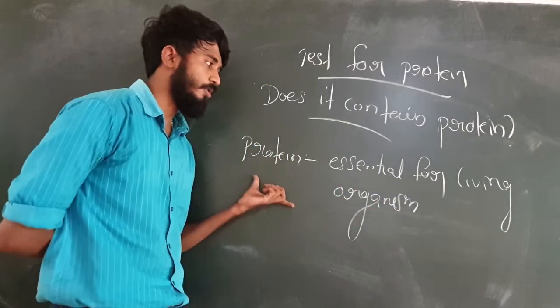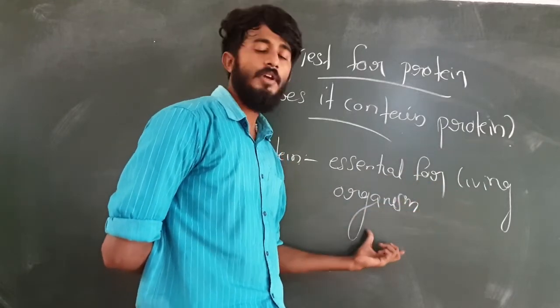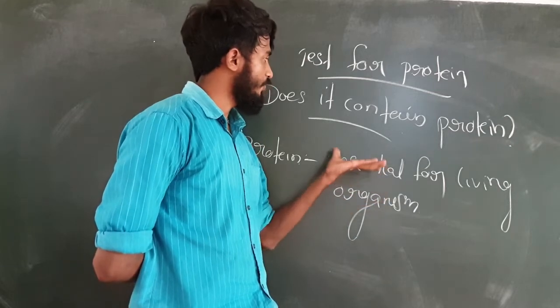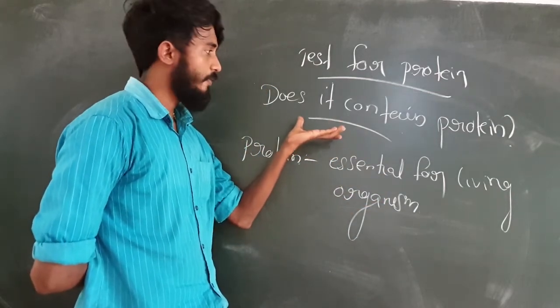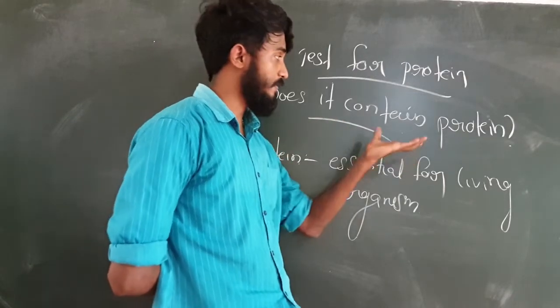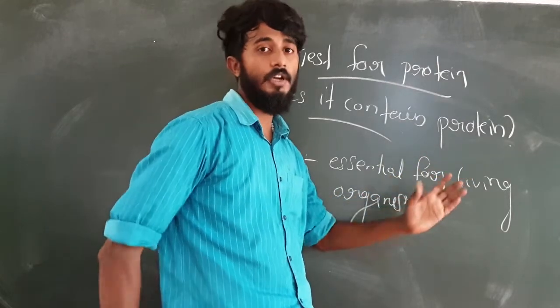Clear? So we need to study an experiment for finding out the presence of protein in a food item. How can we conduct that? That we are going to see.